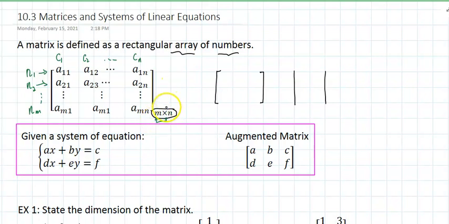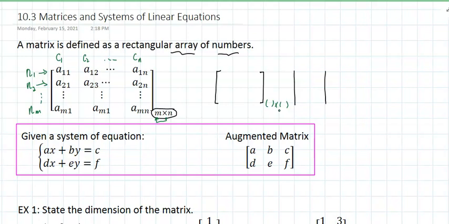This is the dimension of the matrix, and that's a must. You need that for a few of the applications of matrices. So a matrix is always written this way, and you write the number of rows, the number of columns after.